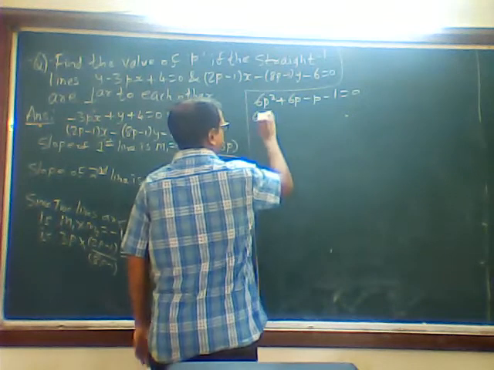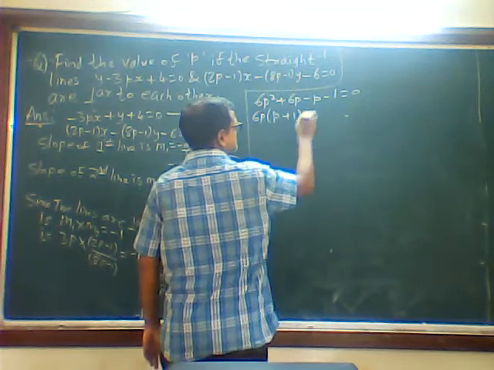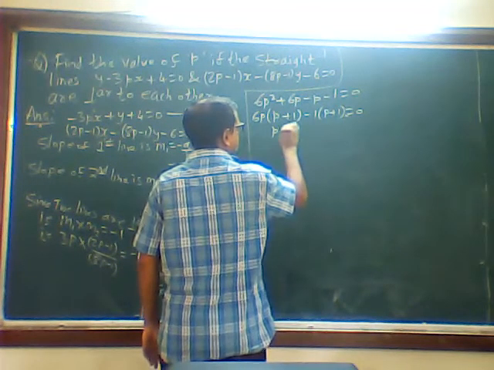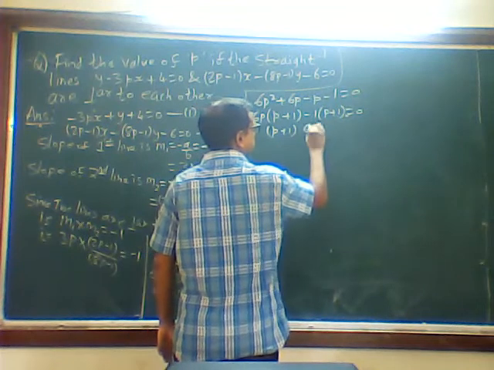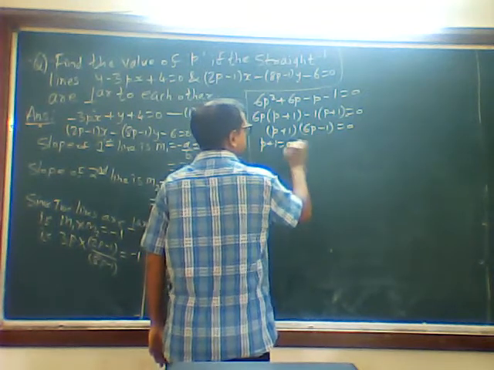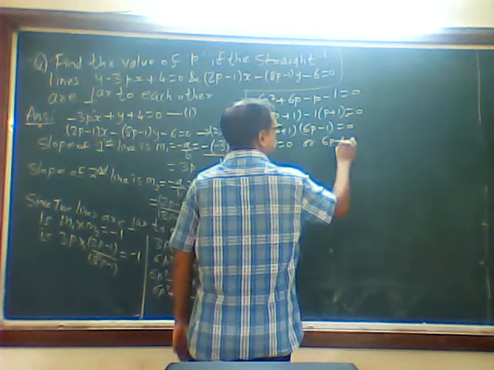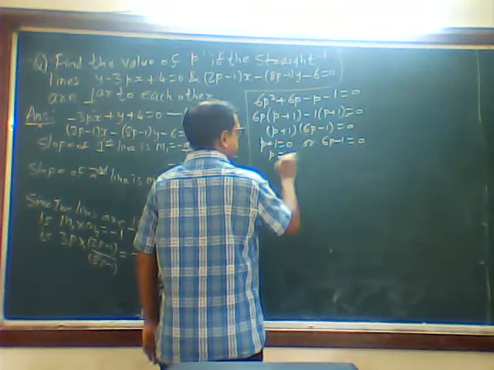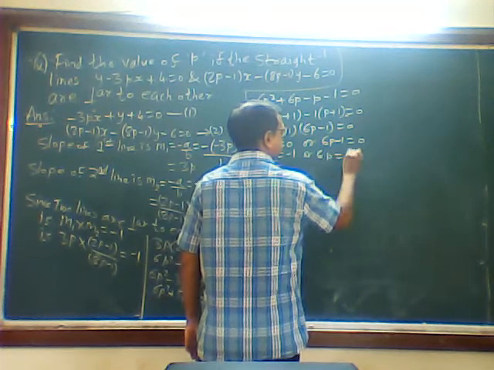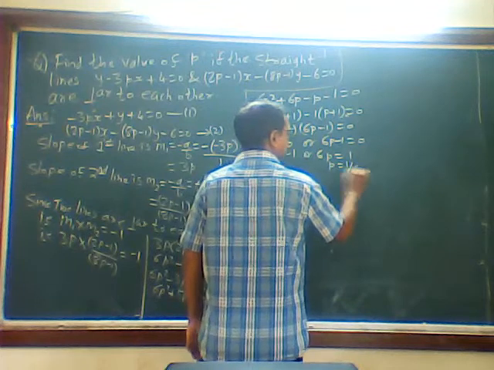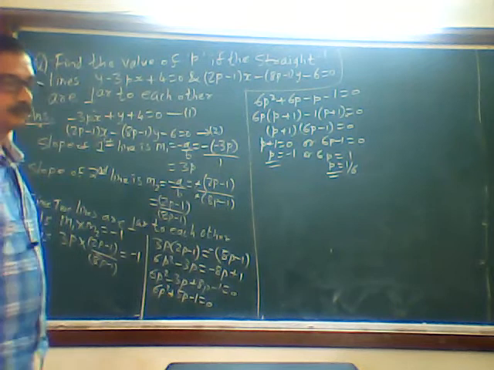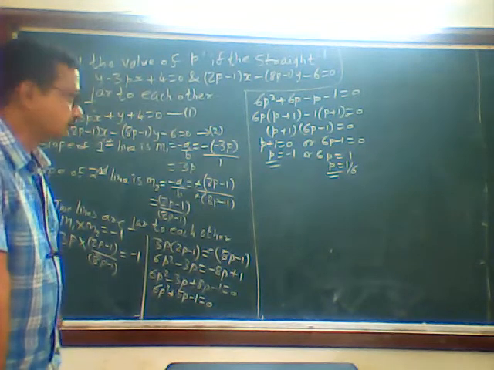So I'll take 6p common. So there are two values: p is equal to minus 1, p is equal to 1. Got it?